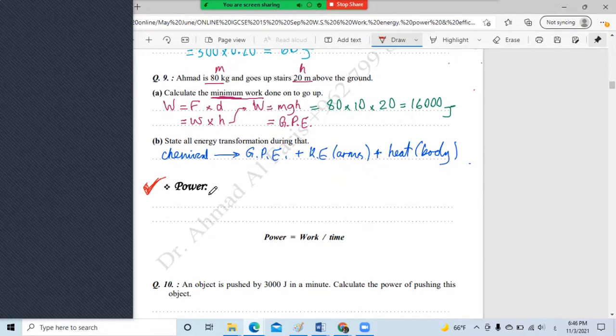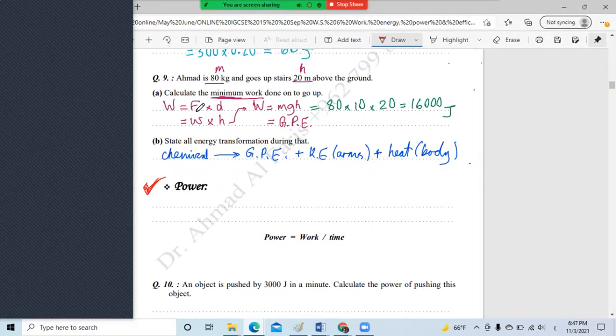That's another formula. They didn't ask about the pressure. What's the power? The rate of doing work, or the rate of transferring energy. This is the power.